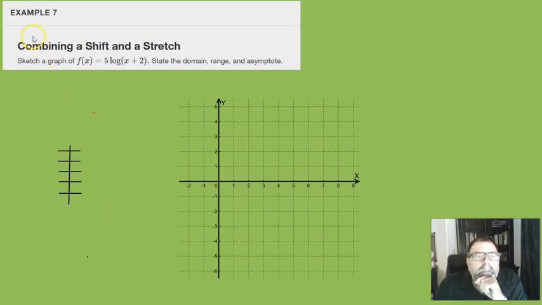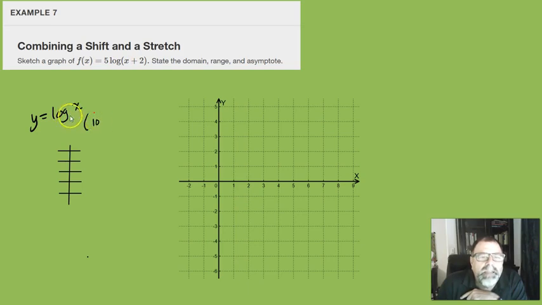Okay, example 7, combining a shift and a stretch. So sketch a graph of f of x equals 5 times the log of the quantity x plus 2. State the domain, range, and asymptote. So our base graph, or parent function, is y equals just log of x. Okay, if you don't see a base, that's base 10.